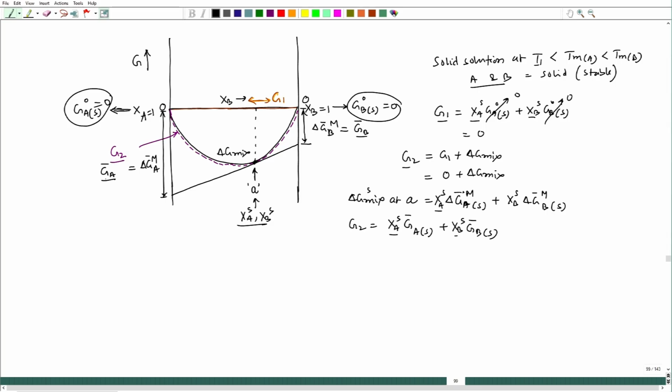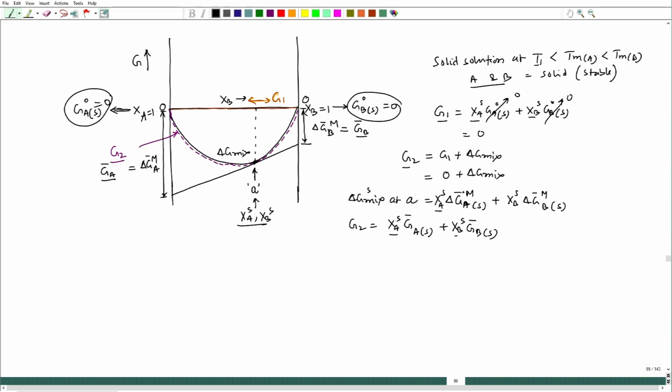Considering that 0 reference, it becomes very easy to visualize how G bar A as well as G bar B are placed on this free energy versus x plot, which are also the mixing partial quantities. So this is one part.